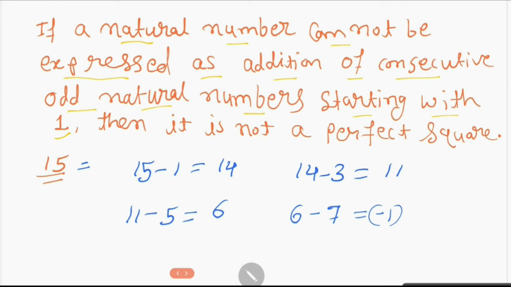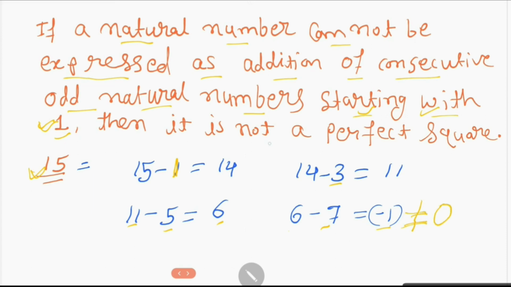Like 13 we have seen, we do not find 0, and now let's check 15. The first odd number is 1, so we subtract 15 minus 1, 14. 14 minus 3, 11. 11 minus 5, 6. And 6 minus 7 is minus 1, not getting 0.